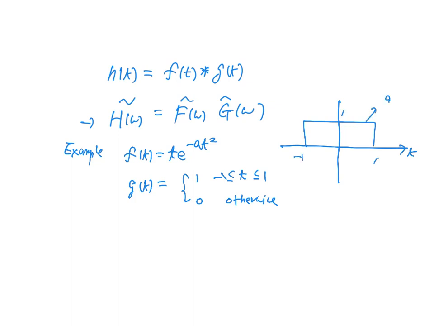This is called g(t). So it's more like a filter, right? You just accept the signal from a certain range and reject everything outside.